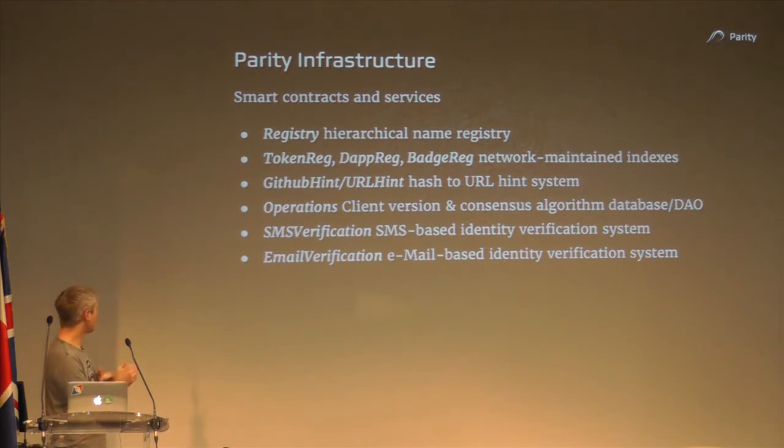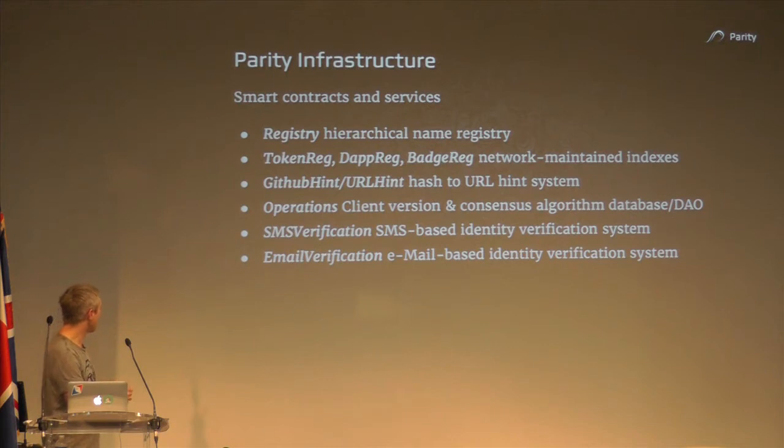We've got a URL hinter, which is a not very good placeholder for more decentralized lookup services. But basically, it allows you to get a URL from a particular hash, download something at the URL, check that it actually does hash to that thing, and then you've got the data.